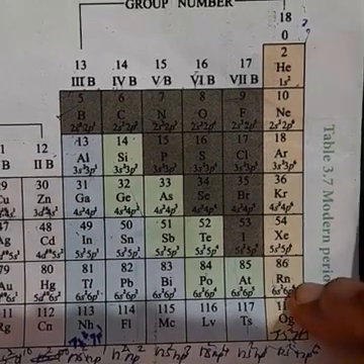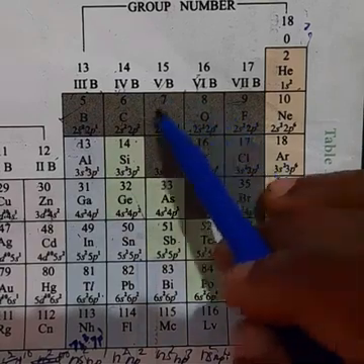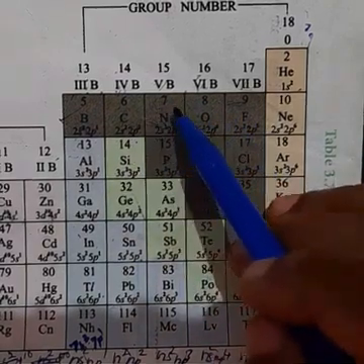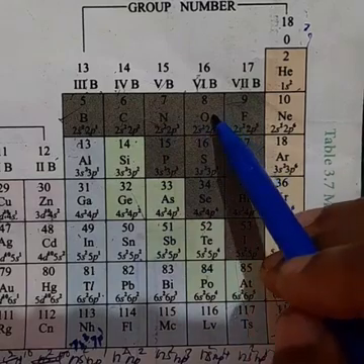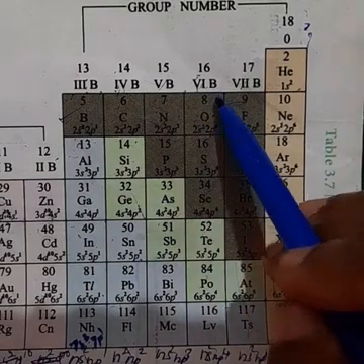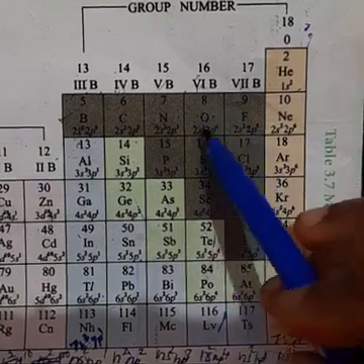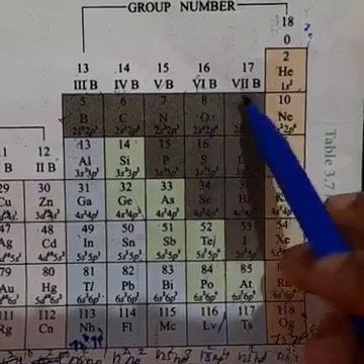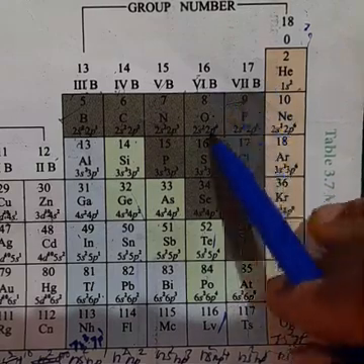Okay, this is the boron family, carbon family, nitrogen family, because nitrogen is the first element, so it is called the nitrogen family. Group 16 elements are called the oxygen family, because oxygen is the first element, otherwise called the chalcogen family.